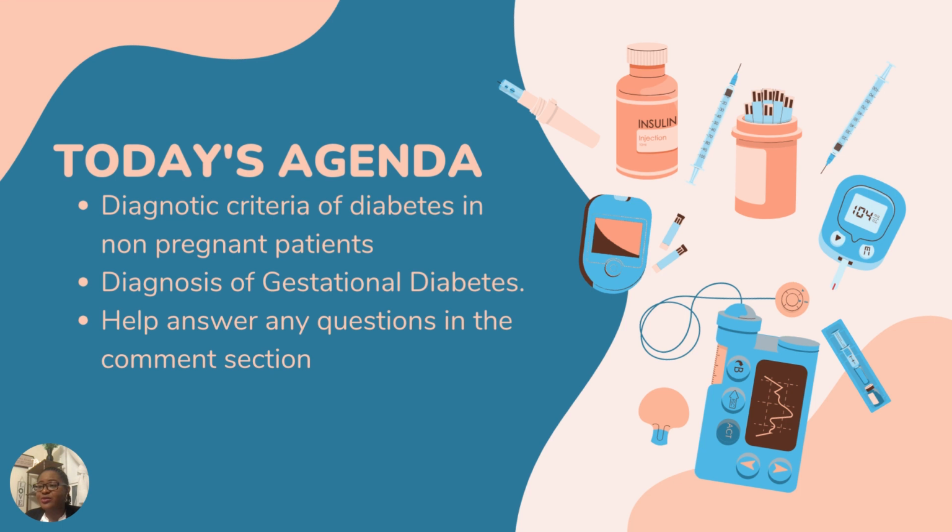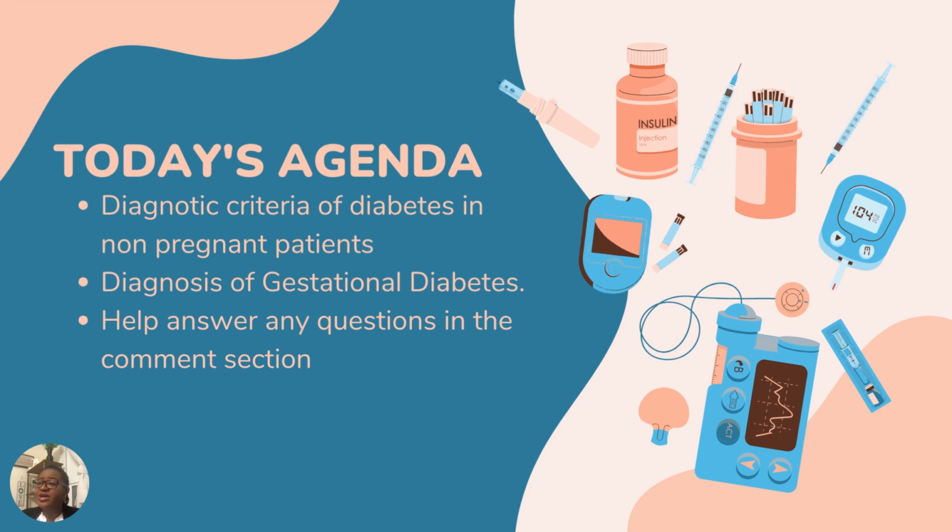about these topics. So today we shall be talking about the diagnostic criteria of diabetes in non pregnant patients, that is, patients that are not pregnant. What are those criteria that we can use to diagnose those patients as having diabetes? And we shall also be talking about diagnosis of gestational diabetes.